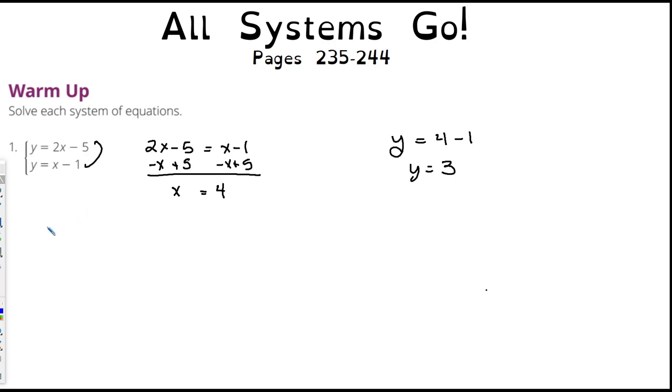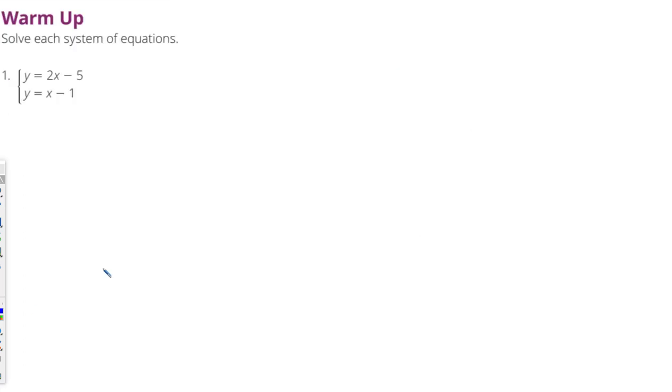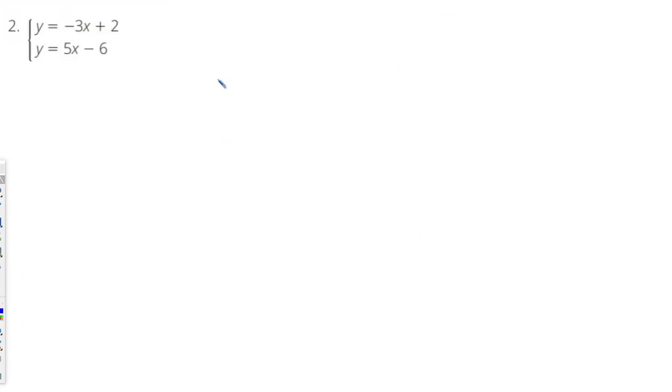I want you to go ahead and do 2, 3, and 4. So in 2, you should have had 5x minus 6 is equal to negative 3x plus 2. So you would have come up with plus 3x on both sides, plus 6 on both sides.